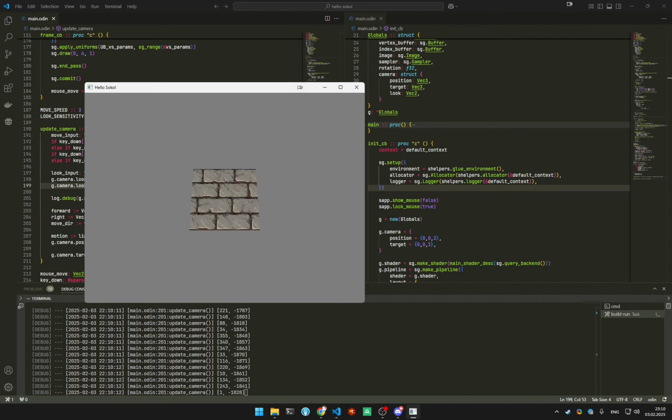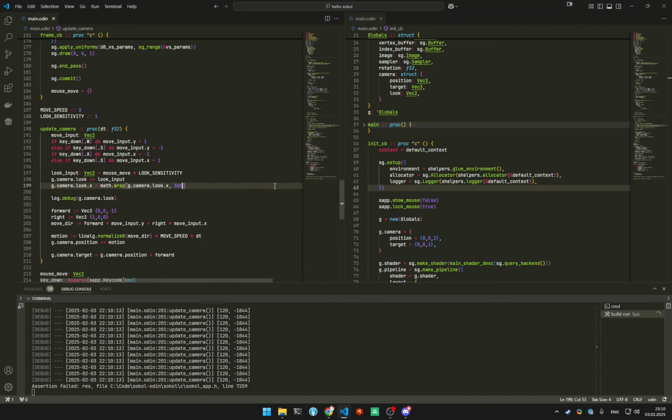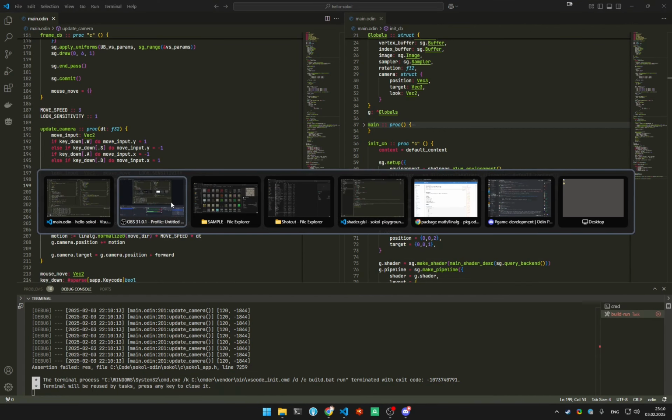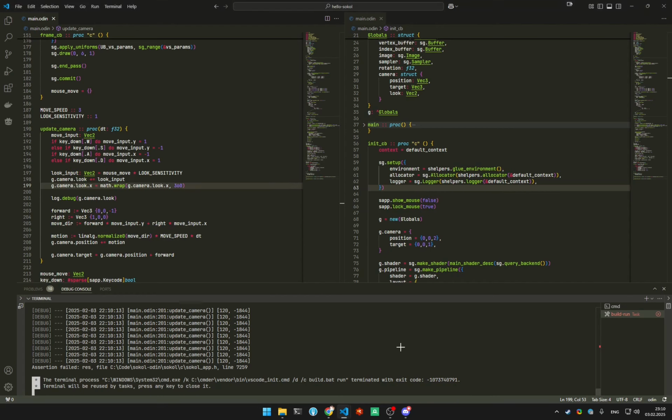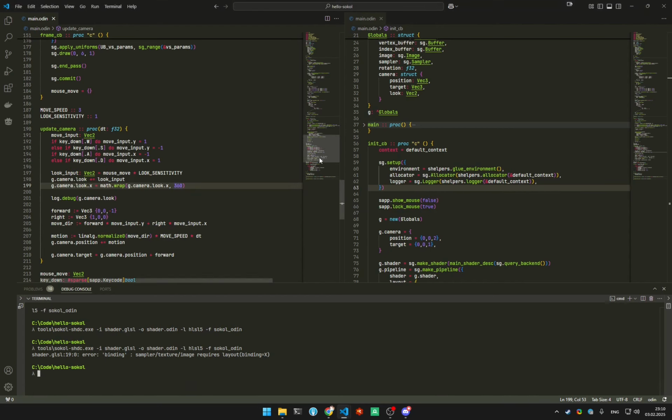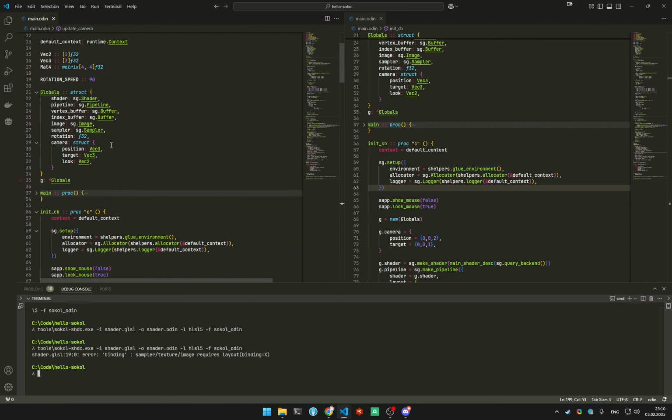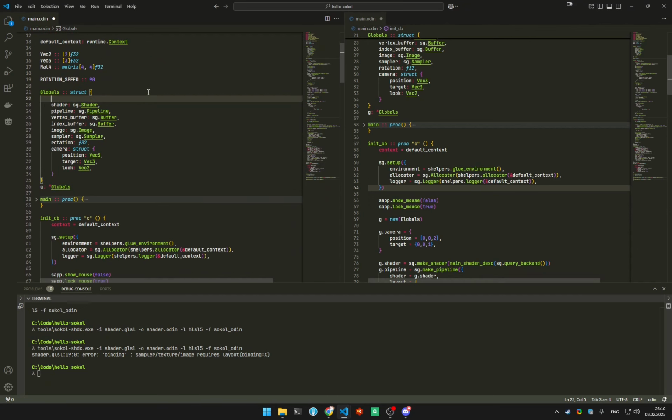And actually now closing the app is a little bit annoying because we need to alt tab to make this work. So this is not really nice. So let's maybe handle that. Maybe let's have something like a should quit boolean or something.